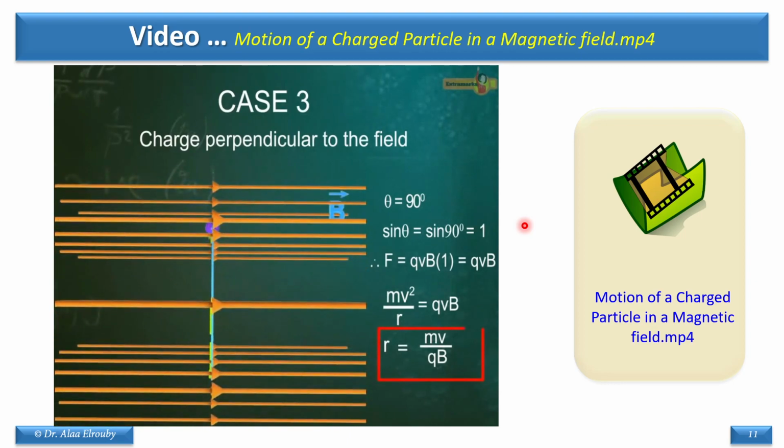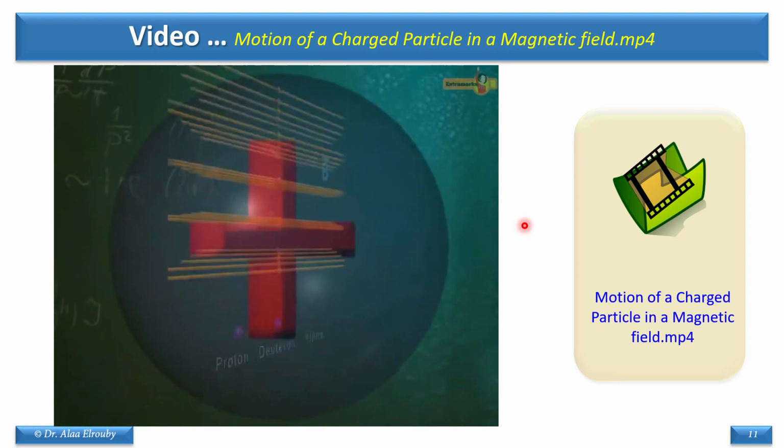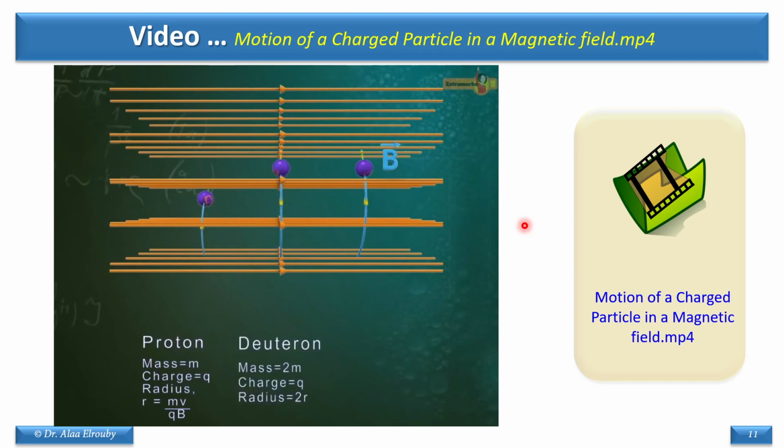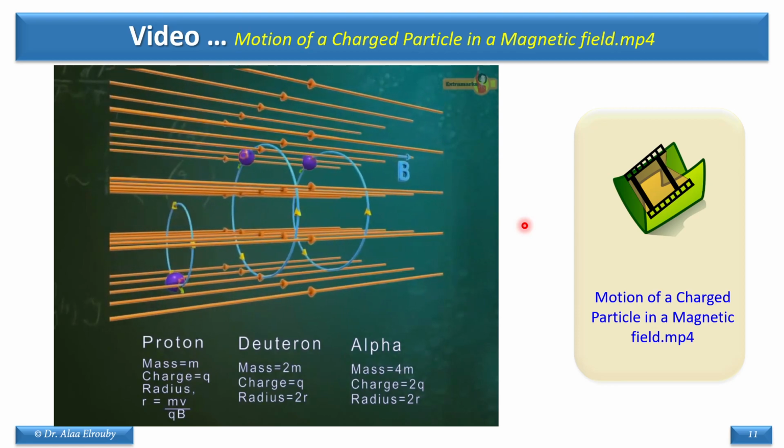to mv by qB. We now consider three different charged particles: proton, deuteron and alpha particle moving with the same velocity v in the same direction in the given uniform field. As soon as the magnetic field is applied, all three of them start moving in a circular path.